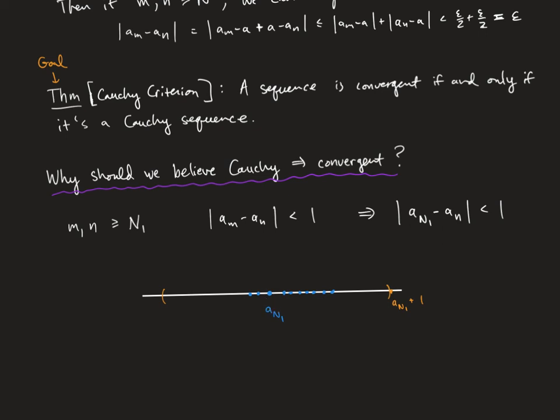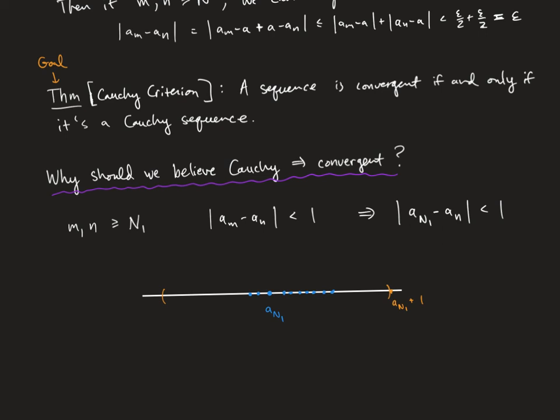We have a finite number of terms which might fall outside of this little window, but a finite number of terms is always bounded, and then we have the infinitely many remaining terms after this point in the sequence, all falling in this interval of length 2.